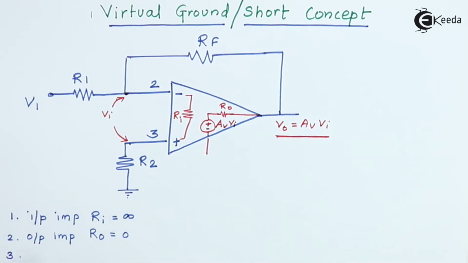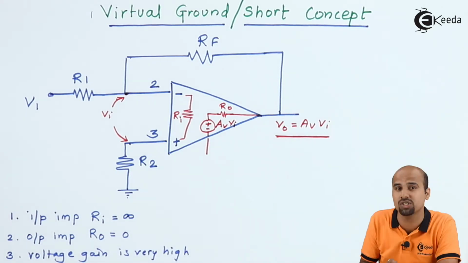So the third characteristic is voltage gain is very high. I am writing very high because I am talking in terms of practical situation. I am not talking in terms of infinite voltage gain, which is not possible.